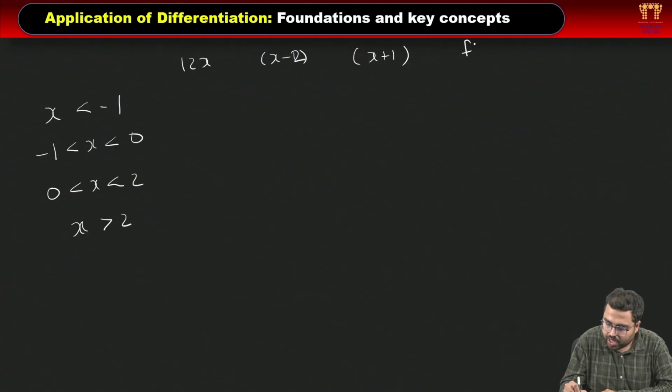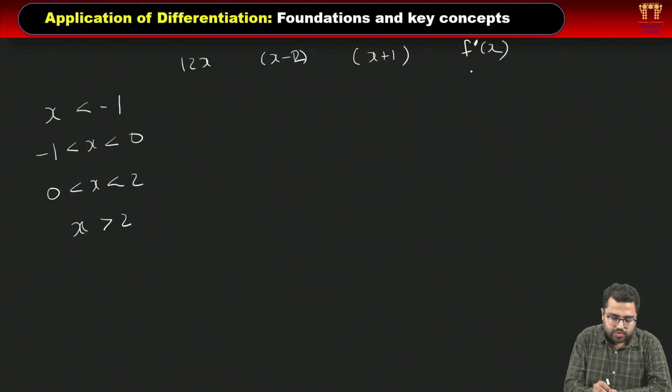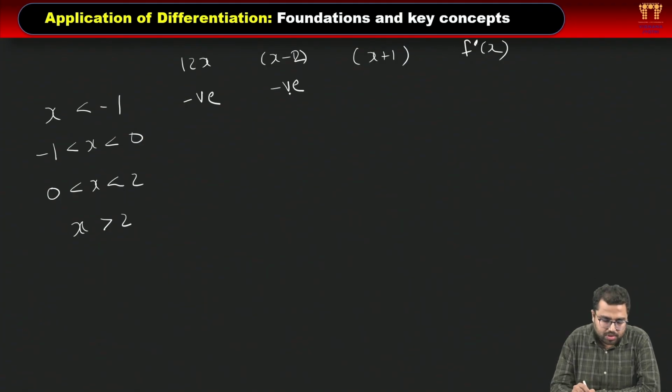We write the sign of all the factors, and then the sign of f dash x. For x less than minus 1, 12x is negative, x minus 2 is also negative, and x plus 1 is also negative. Negative three times, so f dash x is negative.